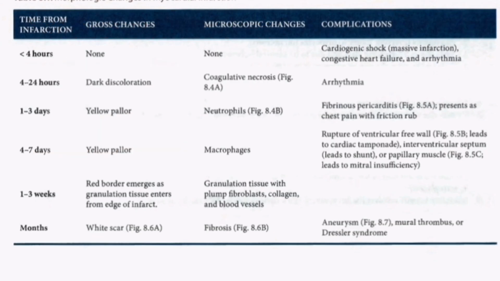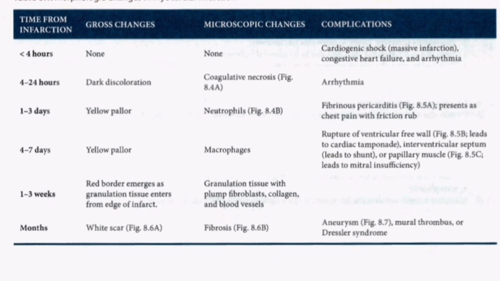Now we will discuss one by one the morphological changes in myocardial infarction. First we will talk about the time from infarction, then the gross changes, and then the microscopic changes. If the time is less than 4 hours, there will be no gross or microscopic changes.